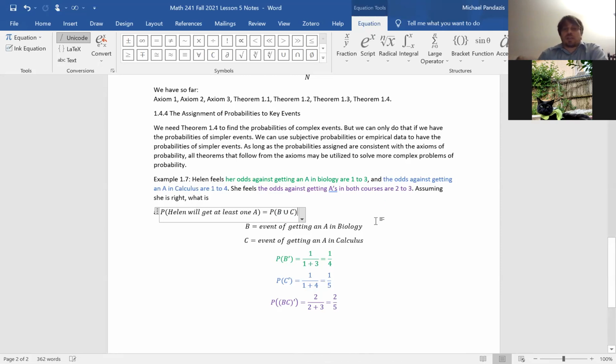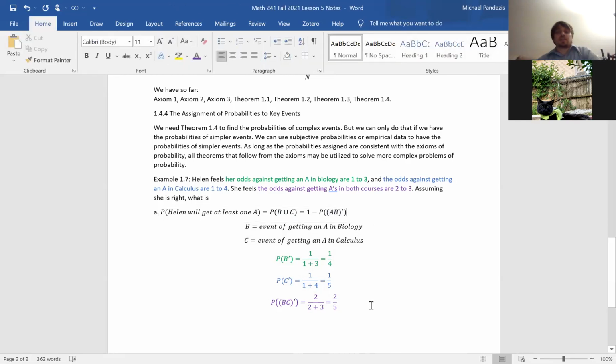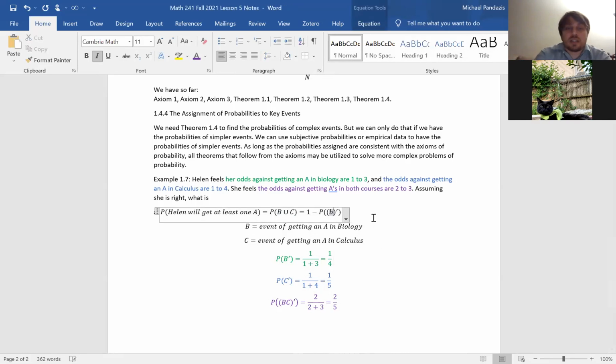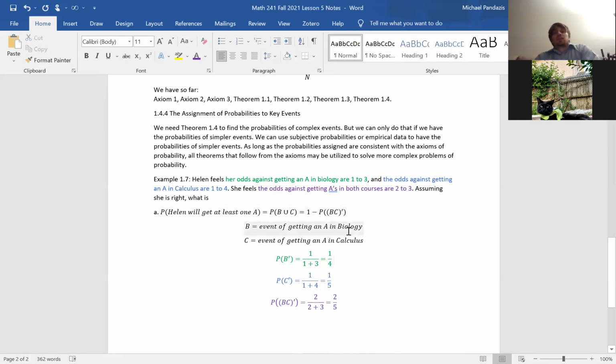When it's one or the other, that includes the possibility of getting an A in both. Okay, so what's the probability of B union C? Well, that's equal to 1 minus the probability of the complement of, the set, I mean, not B and C. So the complement of B and C. Oh, no, wait.